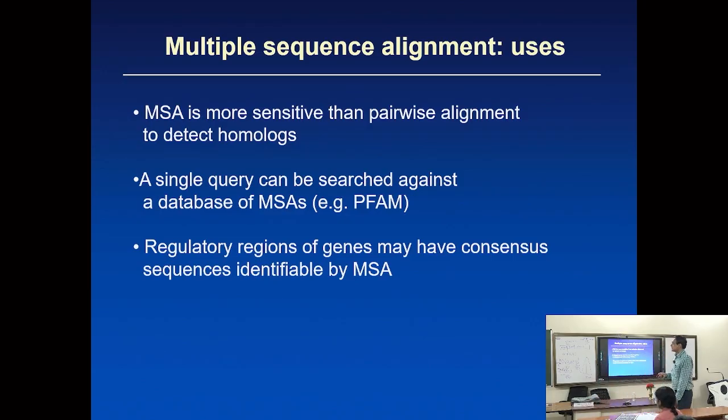Okay, a single query can be searched against a database of multiple sequence alignments, and we discussed RPS BLAST, reverse position specific BLAST. Do you remember what it is? Reverse position specific BLAST. So what does the database consist of? Okay, in the BLAST discussion, we learned about PSSM, position specific scoring matrix, right?